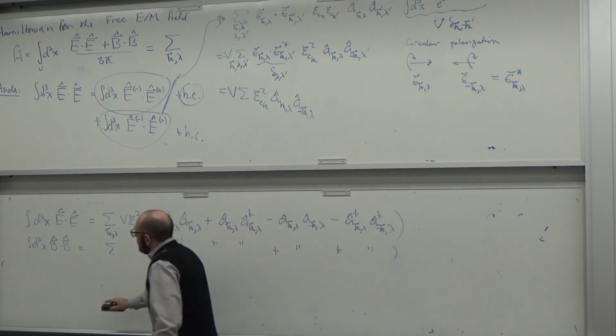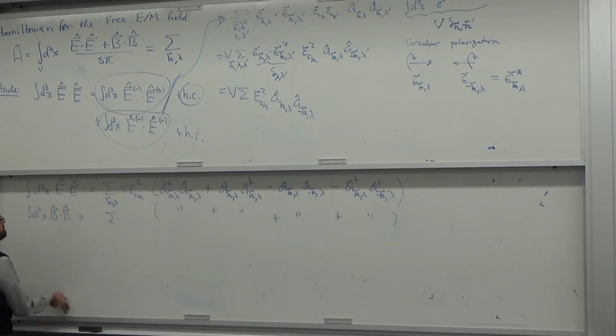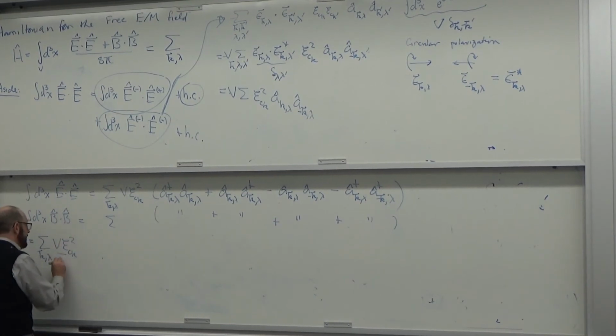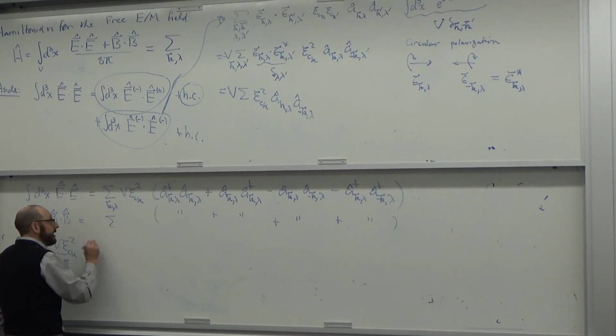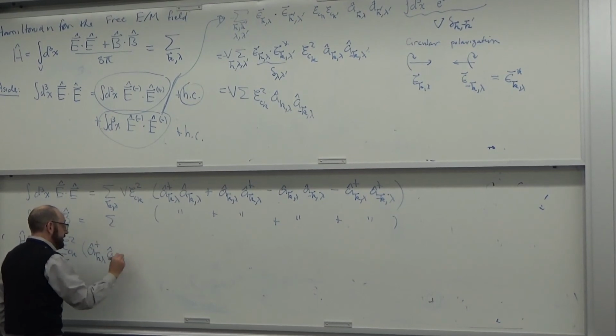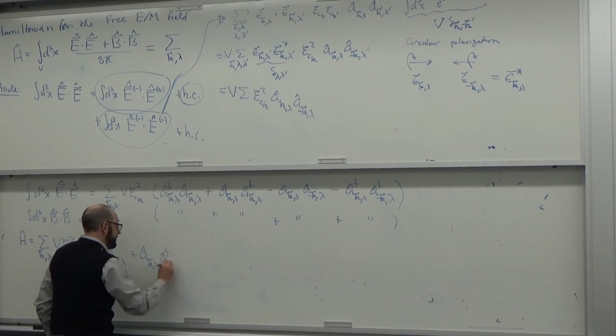And so when I add these two together, my Hamiltonian is equal to the following. Sum over the modes, V E_k squared over 8 pi, or over 4 pi, because I have this plus this, a_k plus a_k dagger.